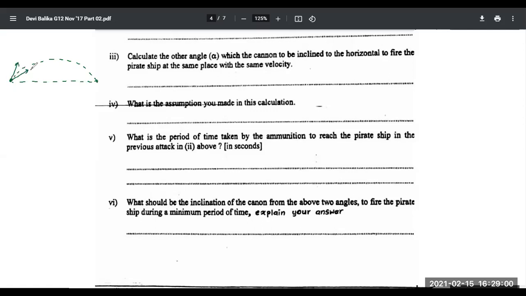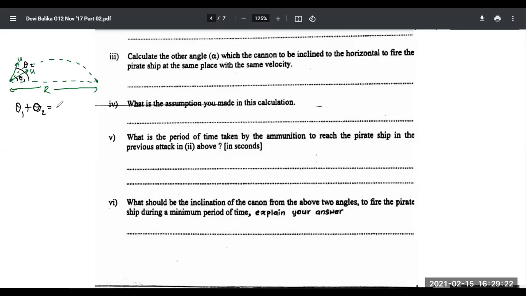So this is u, and the range is the same. Let's say this angle is theta 1 and the bigger angle is theta 2. But the speeds must be the same. The relationship between theta 1 and theta 2 is this.